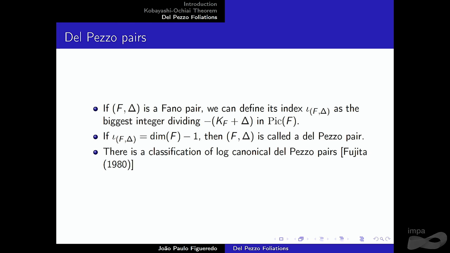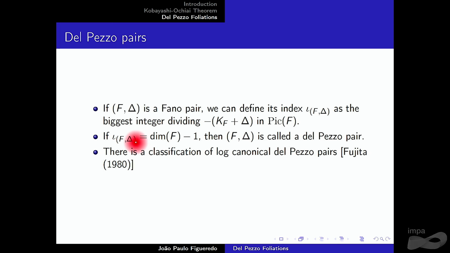So we can also define the index of a Fano pair, more generally than the index of a Fano manifold. And in this case, the Fano pair will have index the dimension of the leaf minus 1, because the dimension of the leaf is r.